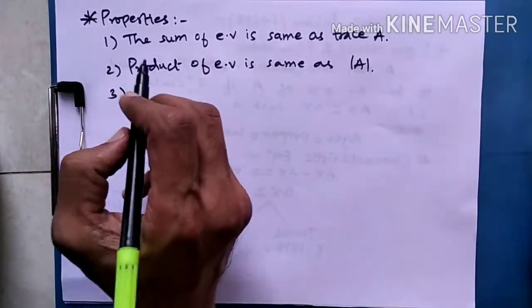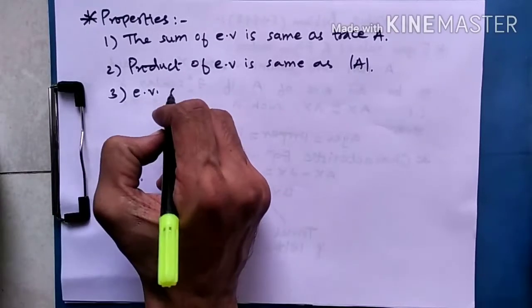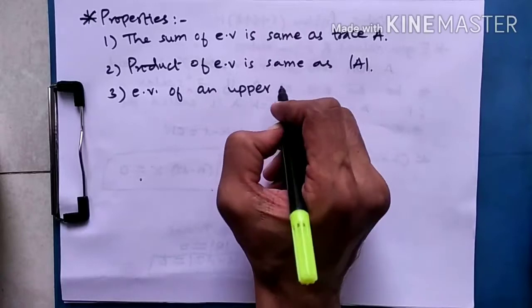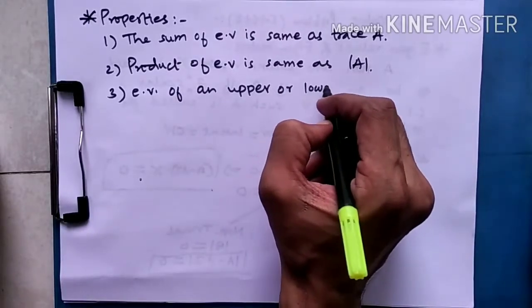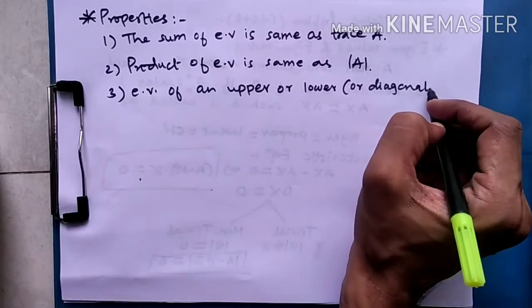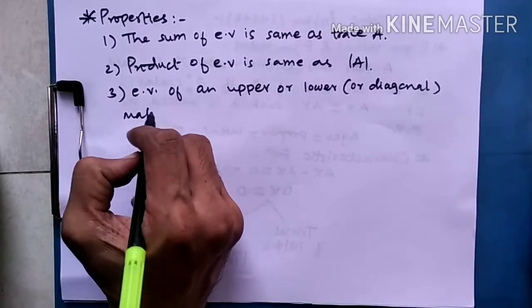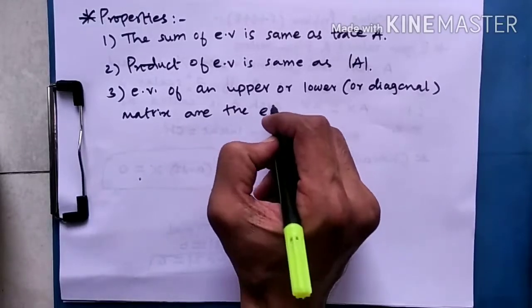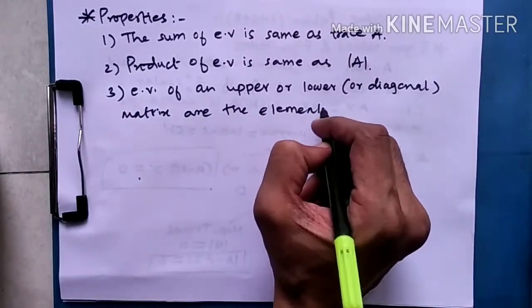And the last one is eigenvalues of an upper or lower triangular matrix or diagonal matrix also are the element on its main diagonal.